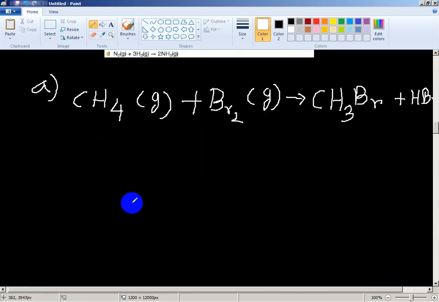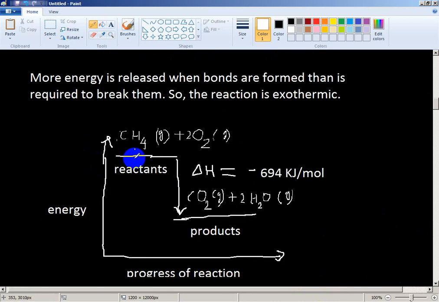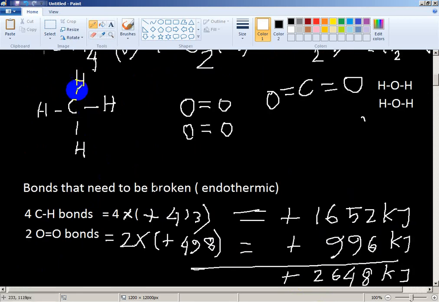Now I write the bonds. There are 4 carbon hydrogen bonds. I am copy pasting, but you have to write these things because you can't copy paste.